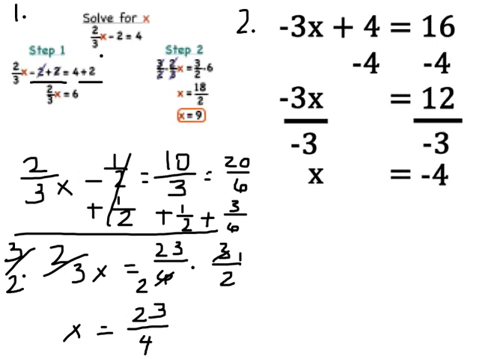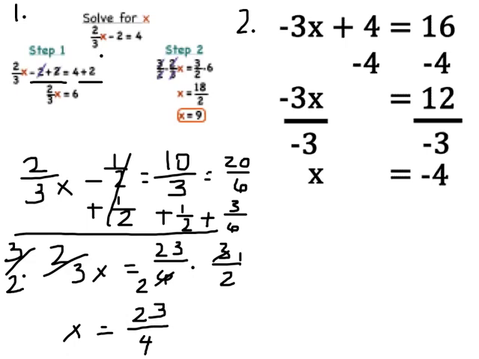So, to get rid of this plus 4, we'll have to minus 4 on both sides, and then we have negative 3x equals 12, and then we'll have to divide by negative 3 on both sides to get x is equal to negative 4.